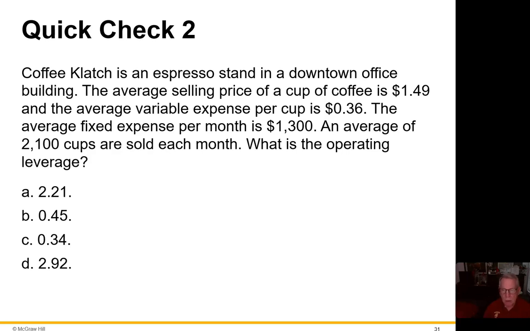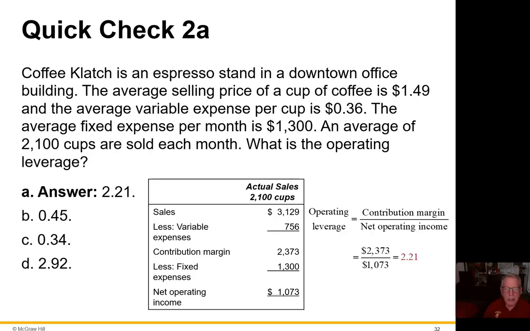What's the operating leverage? Okay, so what we're going to do is we're going to take our sales. And how did we get those sales? We took $1.49 times 2,100 here. And our variable expenses, you'll remember from the previous slides perhaps, that it was 0.756 was that percentage. So we can take that as a percentage and away we go as far as our variable expenses are here.